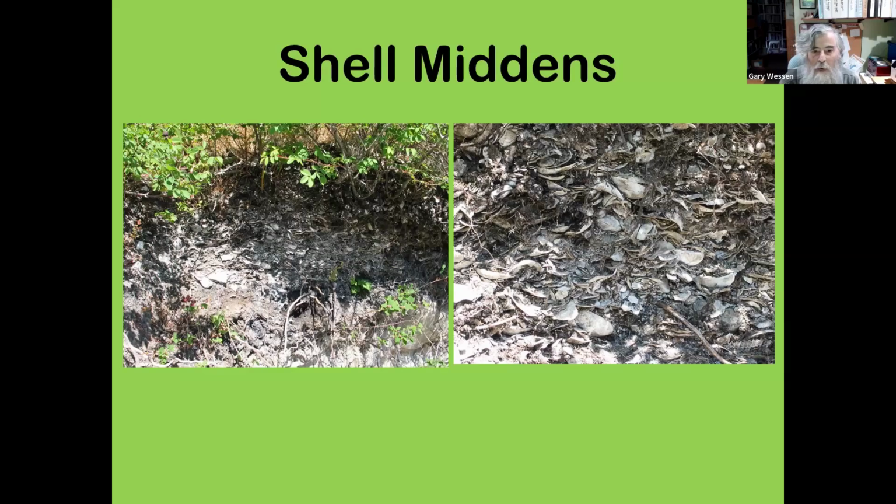And the way the term has been used for a lot of the 20th century, it comes with the implied connotation that it's shell over a certain density. It's not any deposit that has 1 or 2 pieces of shell. It's a deposit that has a relatively high density of shell, although nobody has ever actually proposed a density number for how much shell you have to have to make it a shell midden.